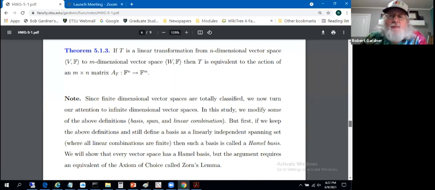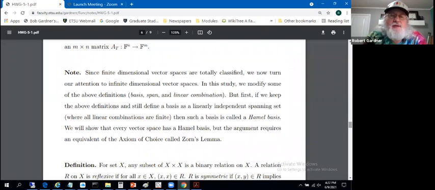Now, the change we'll make is, in a sense, rather minimal. We'll modify some definitions: basis, span, linear combination. It's really just linear combination that we'll explicitly modify, and that'll have implications for these other things.